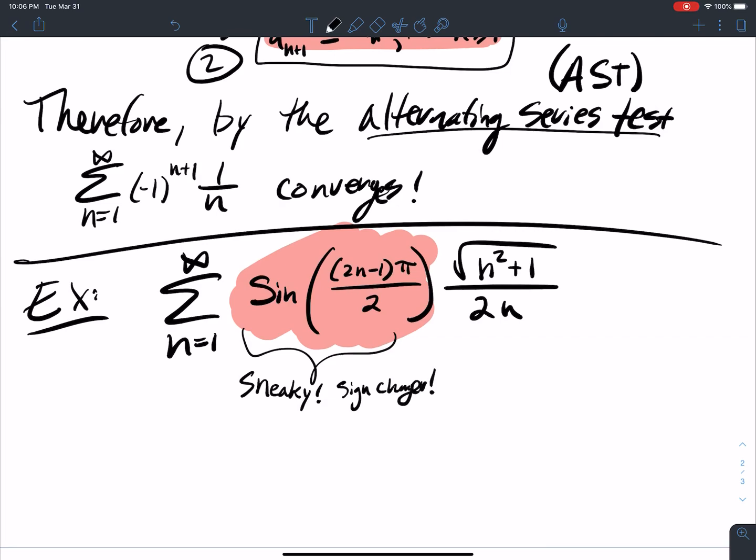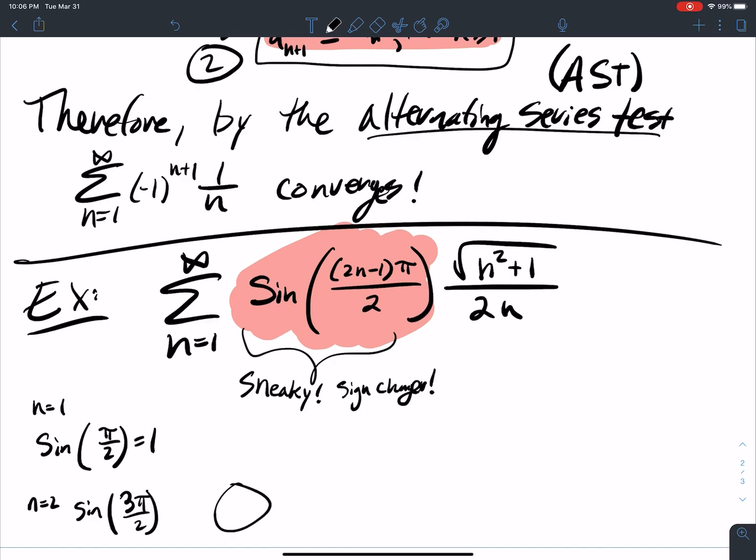If you don't know what's going on, just start plugging in values. The first one is n equal to 1. That's sine of (2 minus 1) pi over 2, which is 1. If I plug in n equal to 2, I get 2 times 2 is 4, minus 1 is 3, so sine of 3 pi over 2.